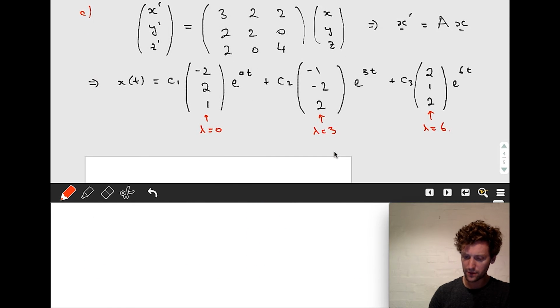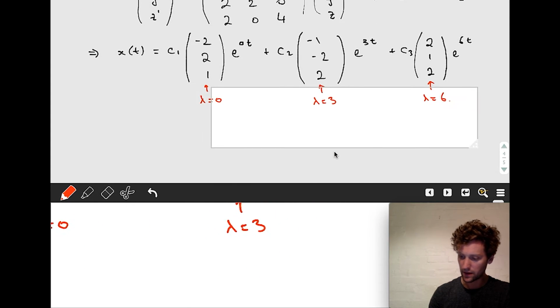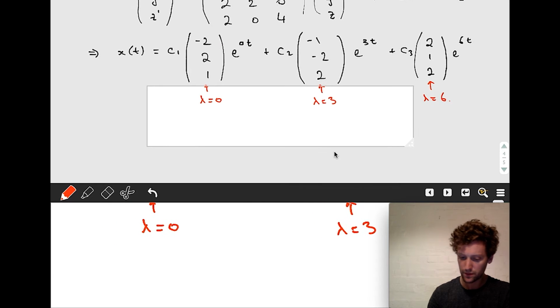So I can write that out in terms of single columns.